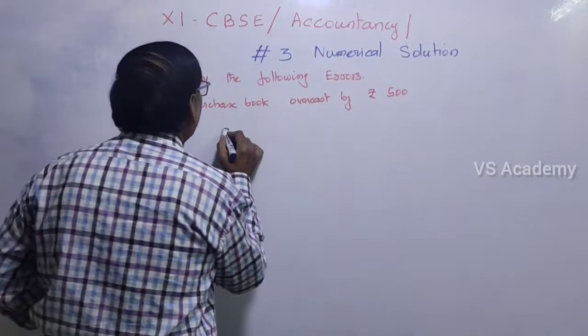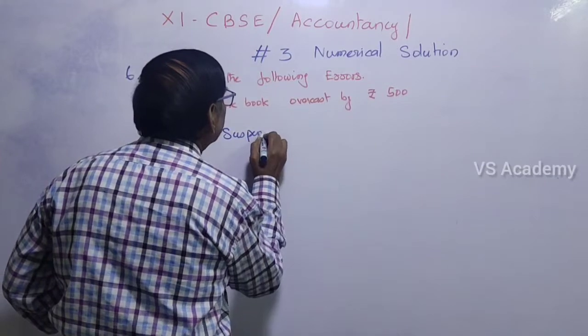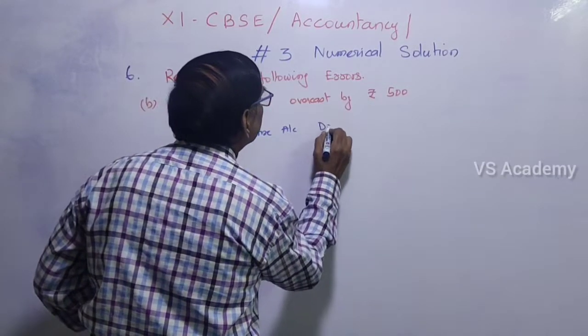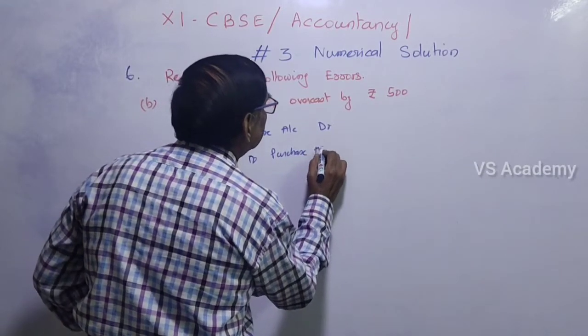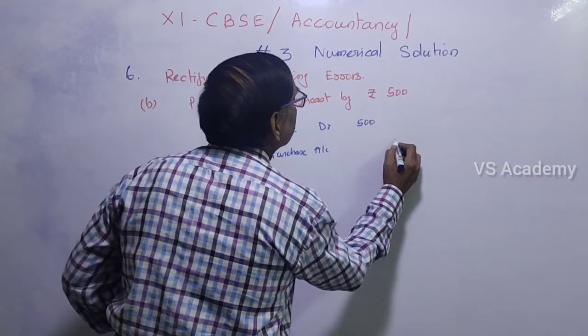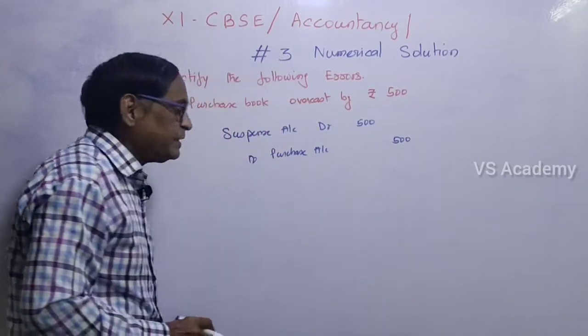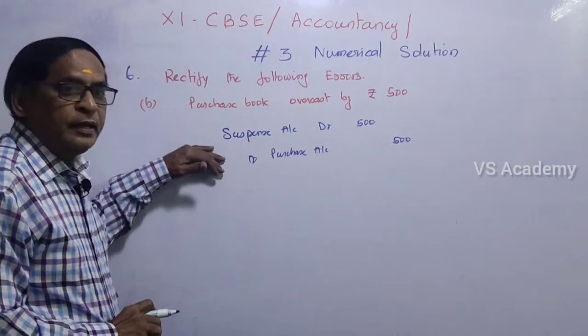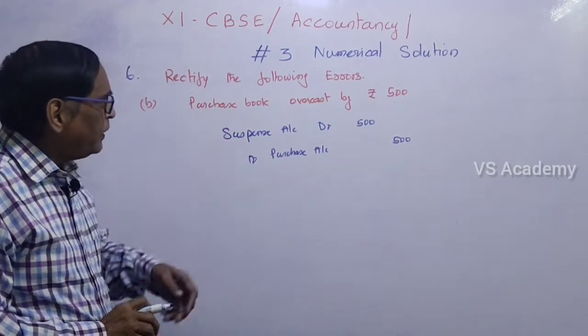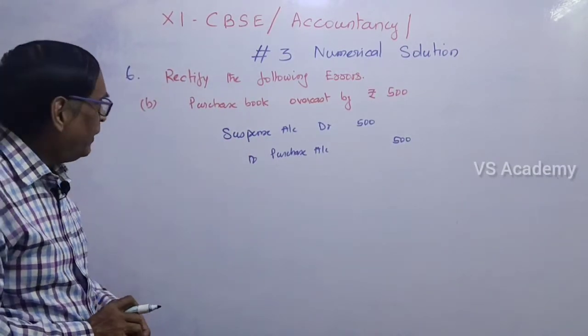So suspense account debit to purchase account, 500 rupees. We have already shown the extra amount by overcasting. Now it has been rectified.